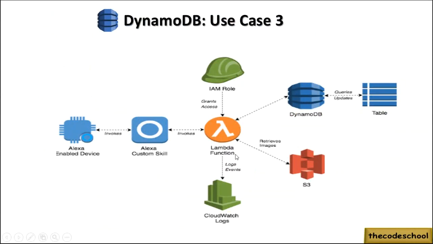It collects the logs that are generated by Lambda function while the event triggers, right? So this is another use case of DynamoDB, and DynamoDB is being used for persisting the data of all the Alexa skills commands which are being triggered.